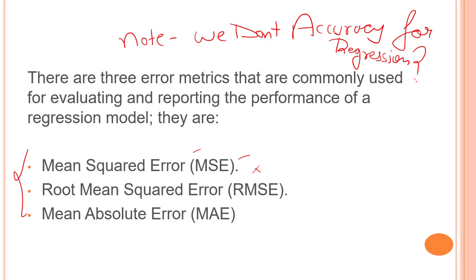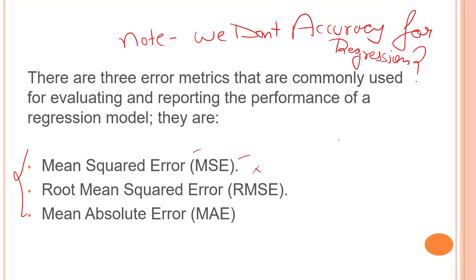This is something that beginners make a lot of mistakes on. They usually think we should get accuracy in regression, like it is 80% accurate or 90% accurate. But what we predict is continuous data, and predicting continuous data exactly is not quite possible.